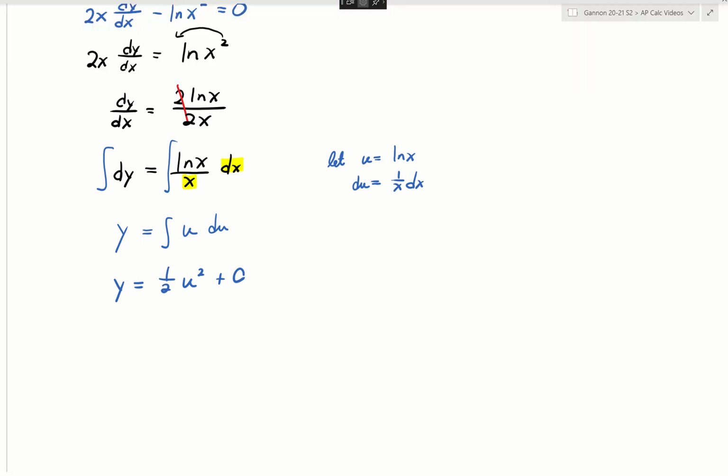Plug our ln of x back in, so we get 1/2 ln of x squared plus c. Now, let me kind of back up. That is the general solution.